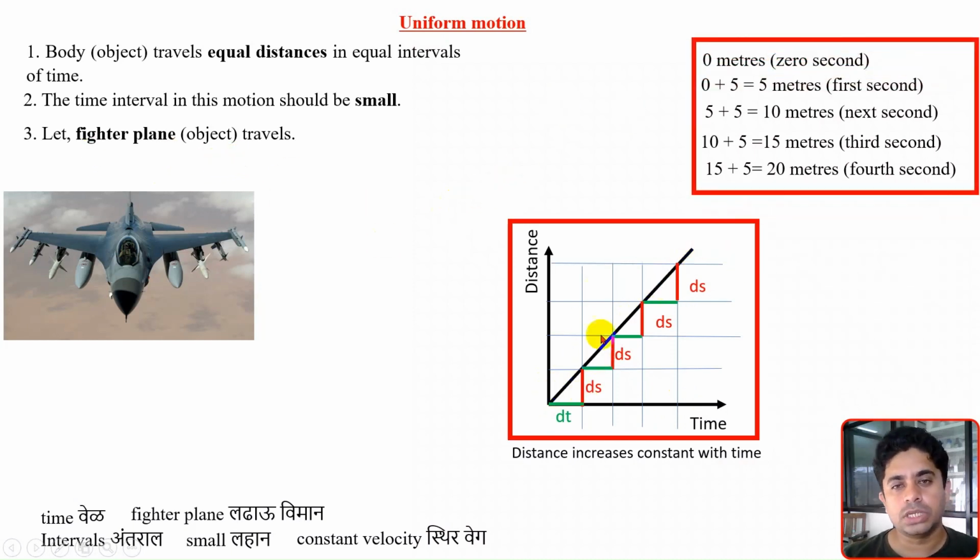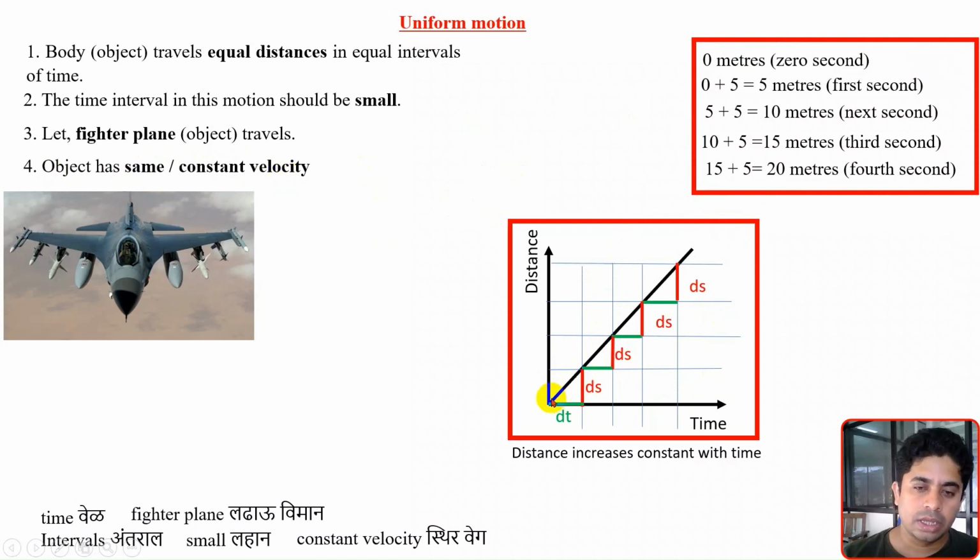So this kind of motion is a uniform motion. One thing we observed here is that the object has the same, constant velocity. If I take the slope of this line, or the ratio of ds divided by dt, the ratio remains constant for any time duration or time interval, irrespective of time interval 1, 2, 3, 4.